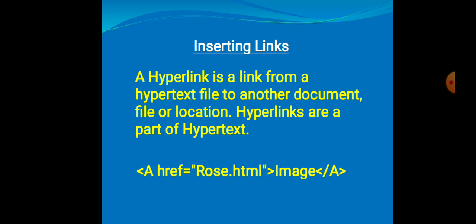The rose picture will be displayed. What does it mean? Image is the hyperlink. It will be displayed in blue color on your web page. When you click it, since it is a hyperlink, it leads you to the image file. Okay, students. So this is how you can insert links in HTML using the anchor tag.